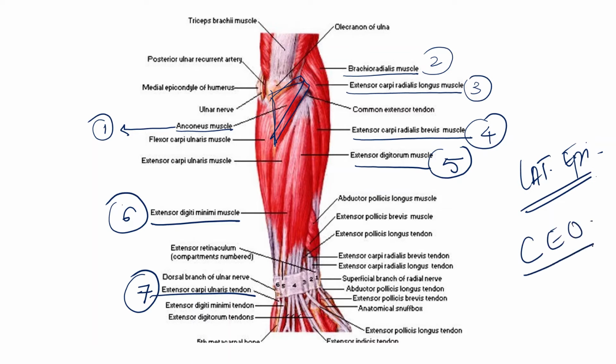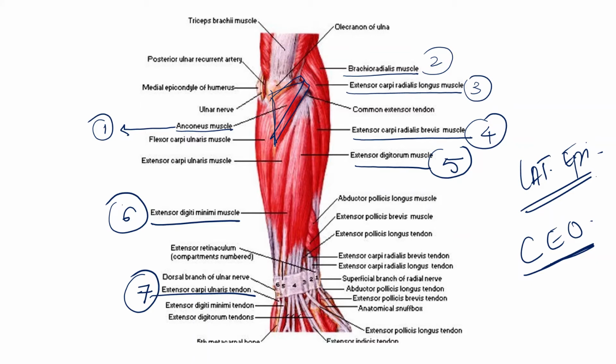So the point on the lateral epicondyle of the humerus is the common extensor origin, from which all the superficial muscles of the back of the forearm take their origin.